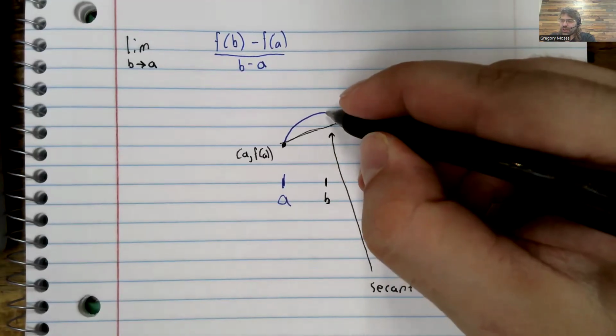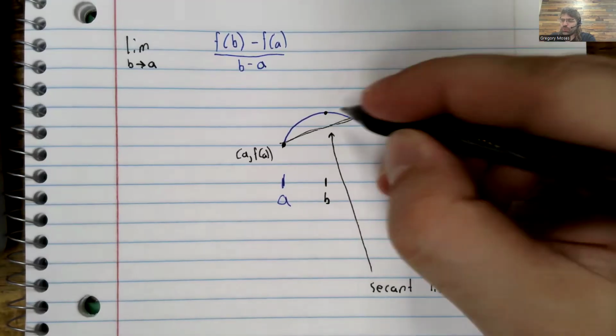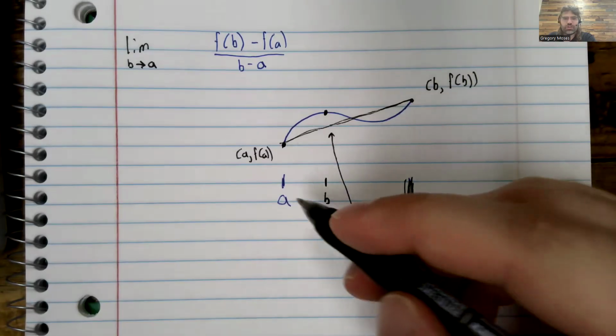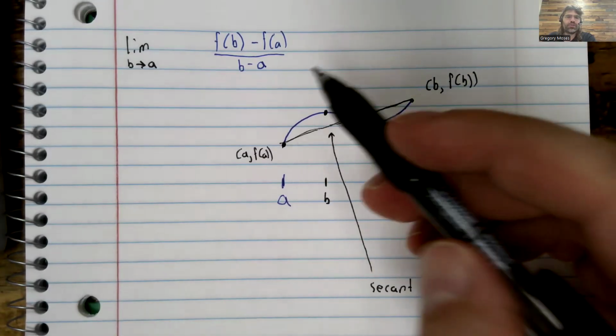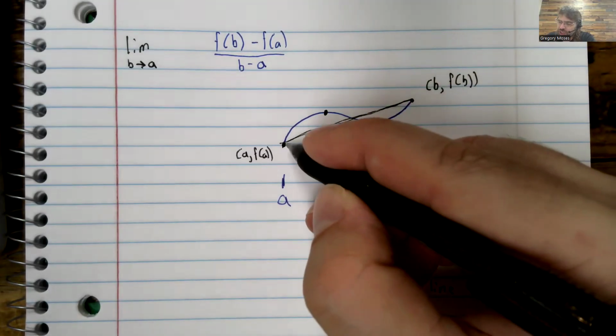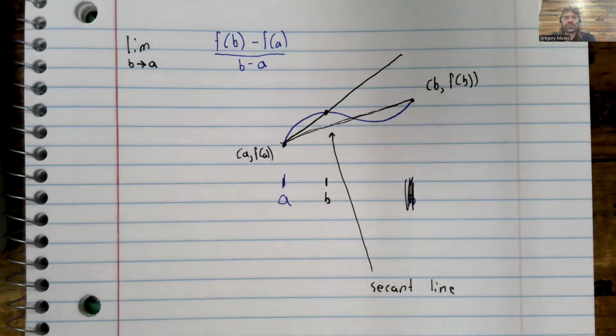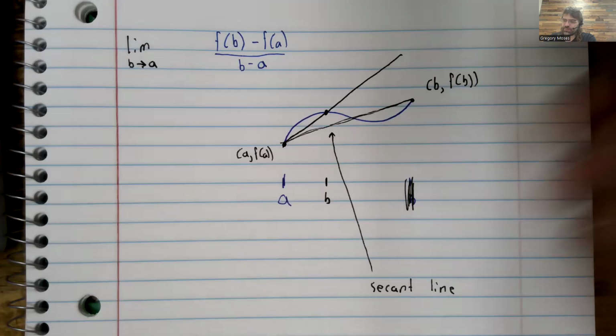Well, every time B moves, you get a new little interval and a new average rate of change and a new secant line.